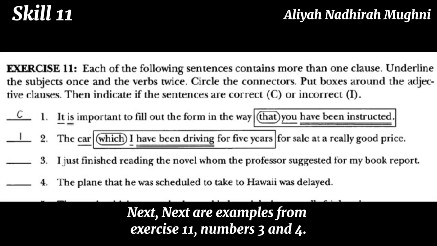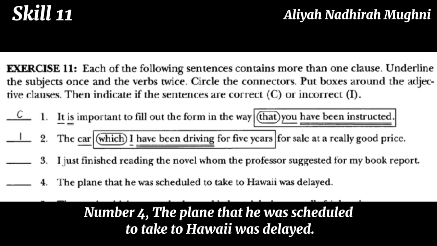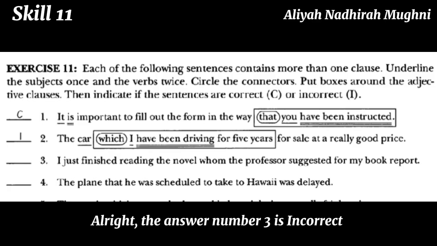Next are examples from exercise 11, number 3 and 4. Number 3. I just finished reading the novel whom the professor suggests for my book report. Number 4. The plane that he was scheduled to take to Hawaii was delayed. Alright, the answer number 3 is incorrect.